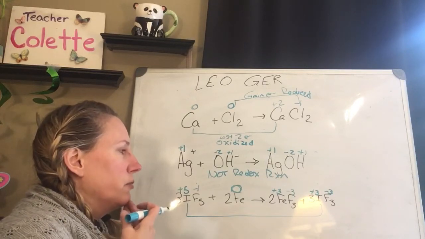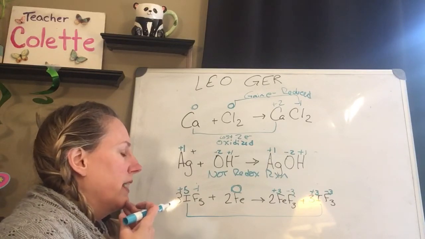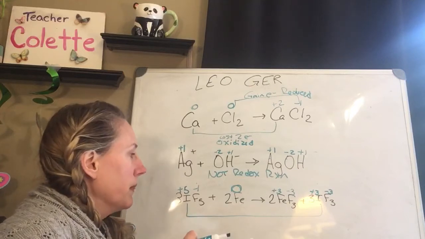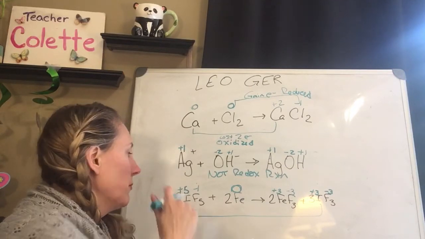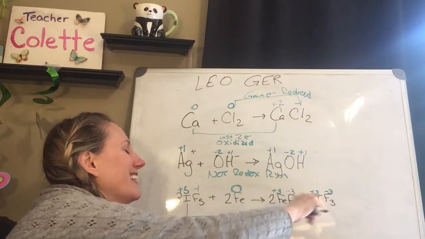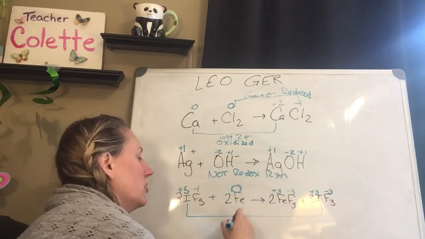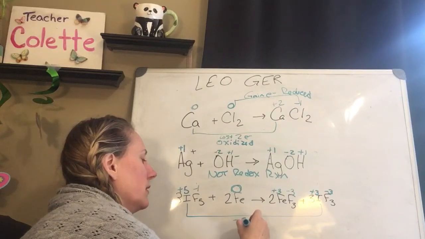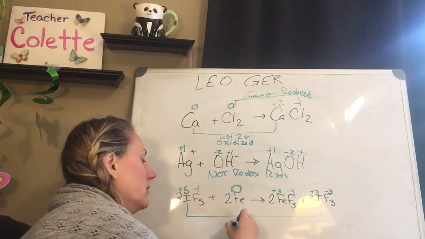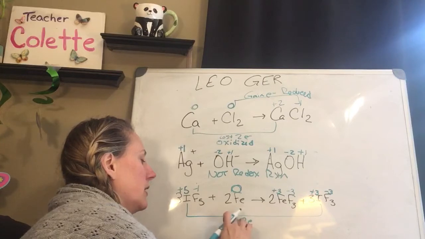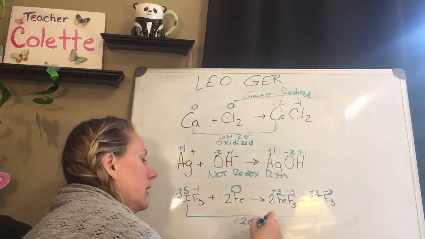So from +5 to +3 means I would have gained 2 electrons. 2 electrons negative gained.